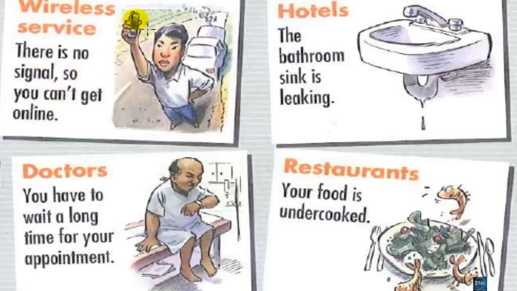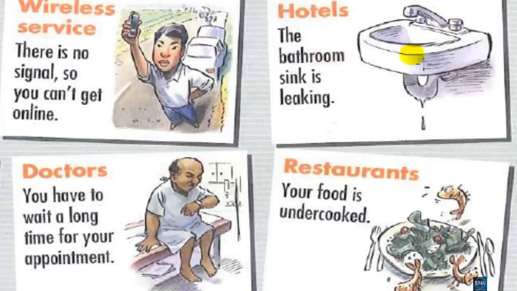The mobile doesn't work now because there is no wireless service. You need a signal for, of course, the mobile. This is for the company of the mobile, such as Vodafone, Etisalat. So you need, of course, at that moment, the signal.